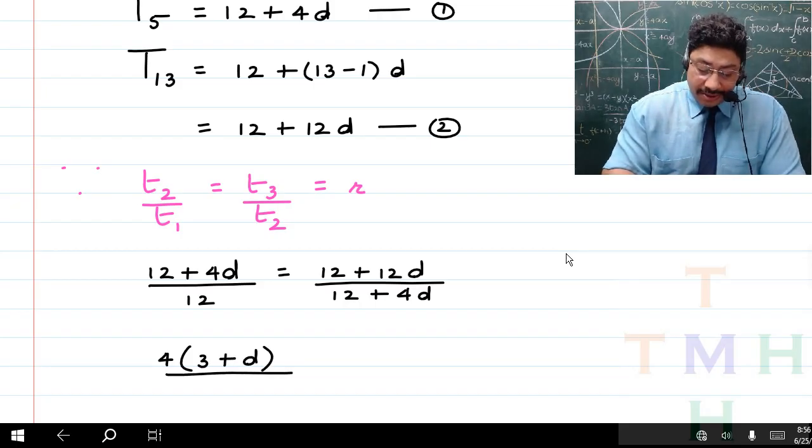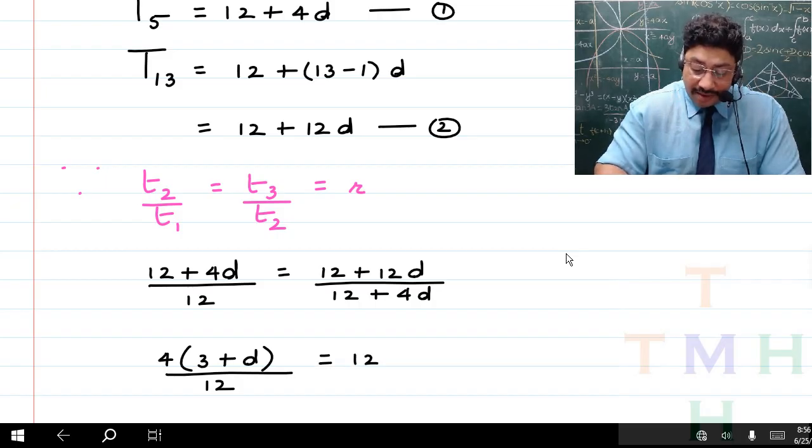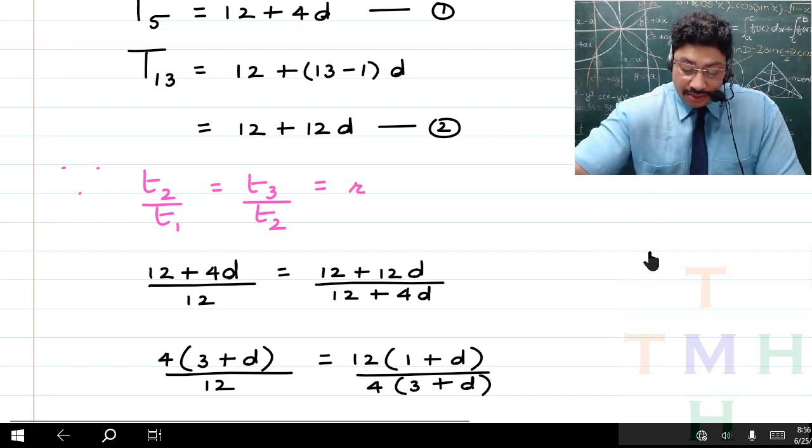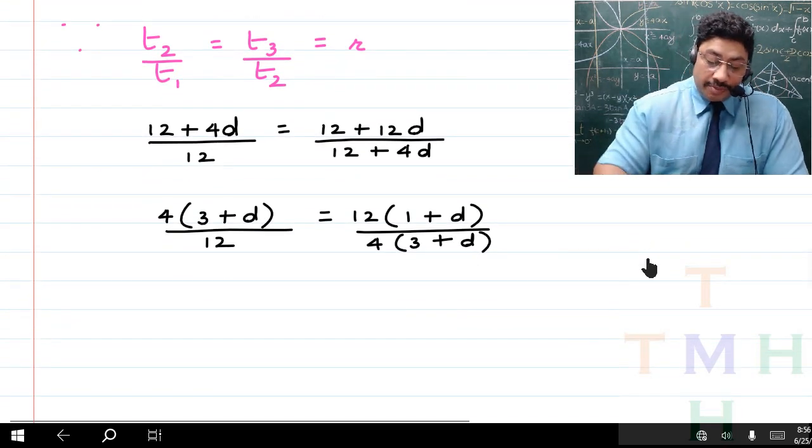And in the denominator, you have 12, and on the right hand side, you can take 12 to be common outside, then we'll have 1 plus D inside, and in the denominator, children, you have again 4, which can be taken common outside, and then you have 3 plus D that can be written inside. Now for the next, what you do is we will be simplifying this.